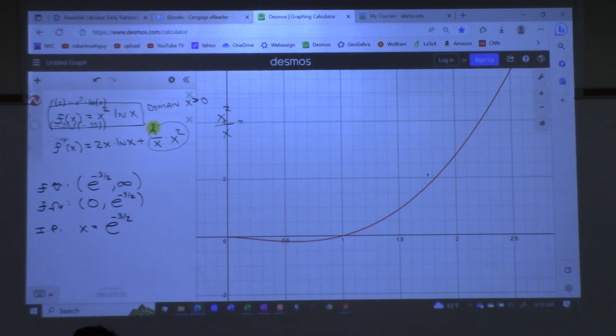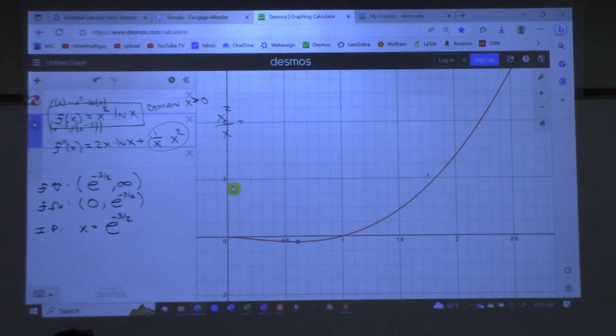Where was our local min? It was e raised to the negative 0.5 here. What's wrong? Oh, I want to graph it. There it is.